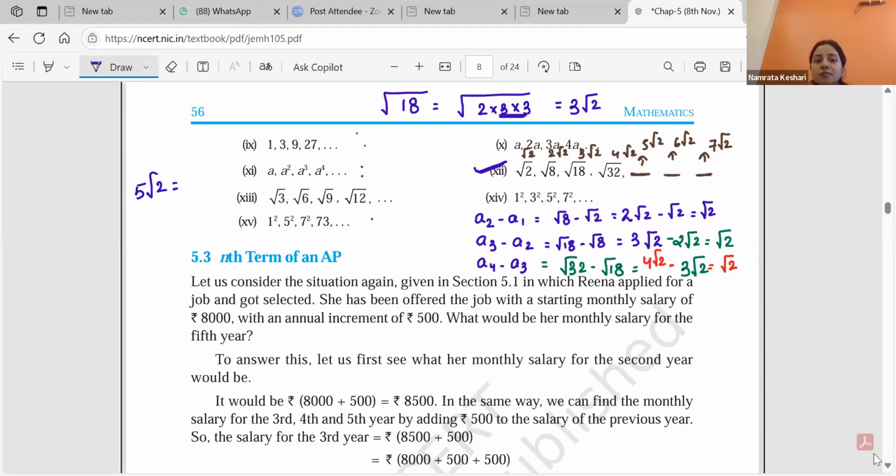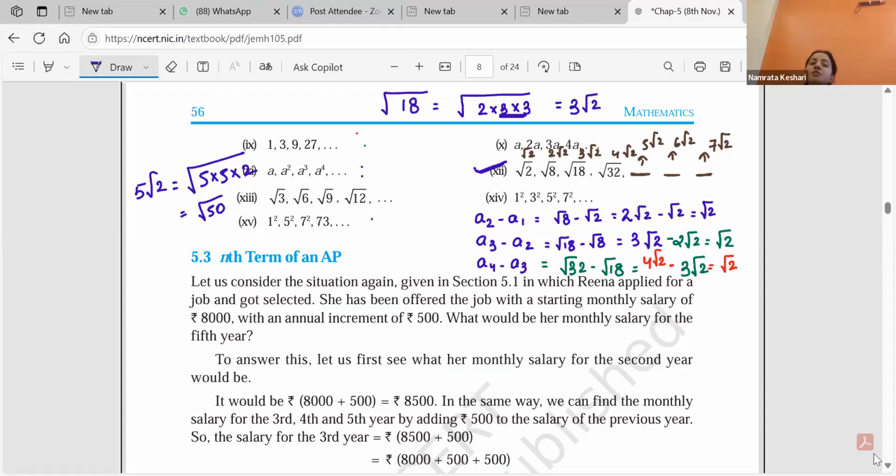It means inside the root you must have 5 into 5 into 2, right? That means root 50. Are you getting it, everyone?